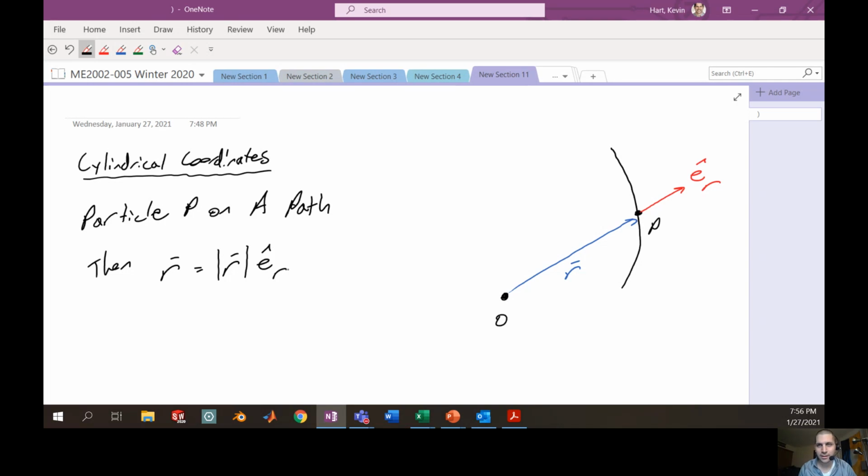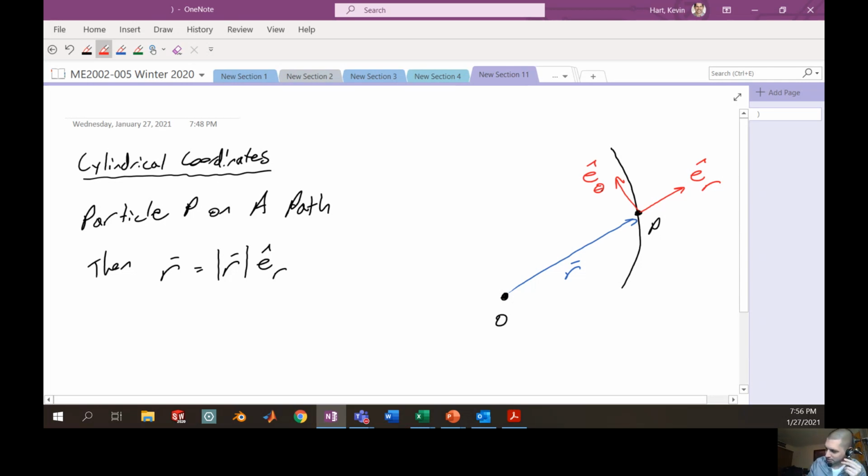So here we have e hat r, and just like we did for normal and tangential axes, we need to define a unit vector that's 90 degrees from that. We're going to do that by establishing a unit vector that's 90 degrees counterclockwise from e hat r, which would be in this general direction here. And this is going to be your e hat theta. Sorry, a little bit bad handwriting there.